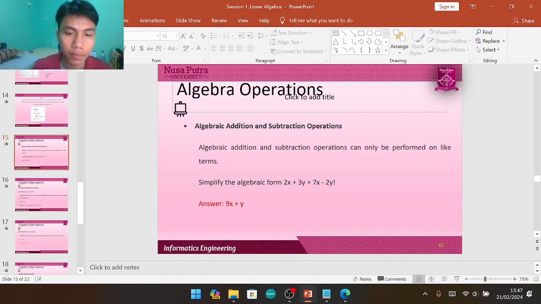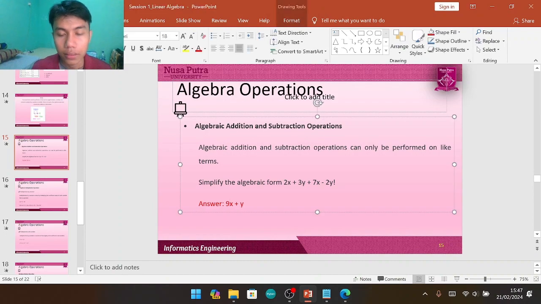So there is 2x and 7x, right? So let's add it. It becomes 9x, and 3y minus 2y becomes 1y, right?